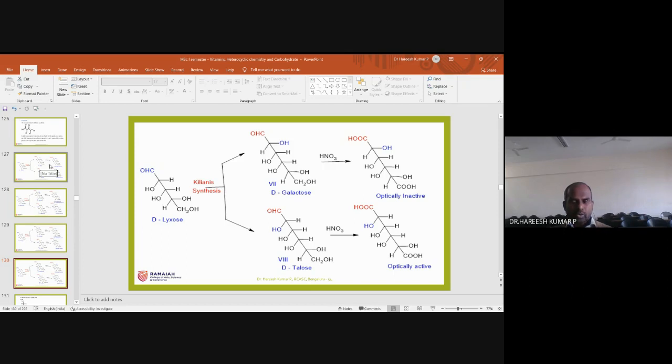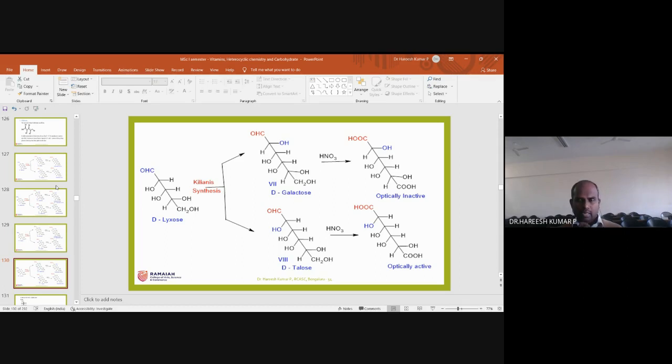And using tetroses, it is possible to convert them into pentoses. Okay, a tetrose can be converted into 4 pentoses. So using 4 pentoses, it is possible to convert them into 8 hexoses. Okay, so this is about the determination of structure of carbohydrates.